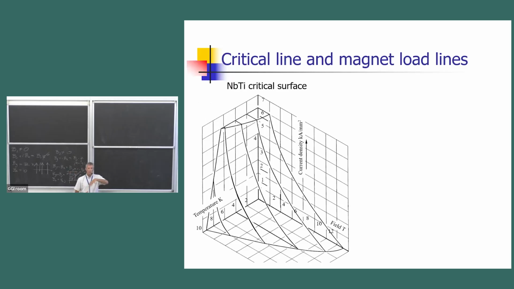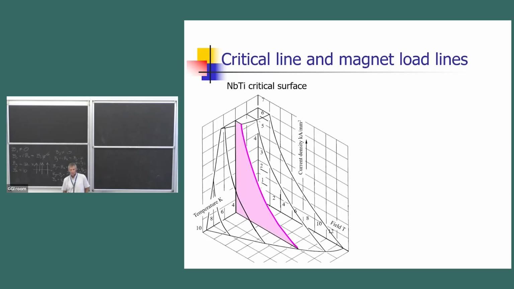And then the critical current is the current that is allowed to flow under conditions of field and temperature. So essentially, it's a surface here, where the vertical axis is the critical current density. One of the two horizontal axes is the field, the other is the temperature. So at any point in temperature and field, if you're below this surface, you're superconducting. If you're above the surface, you're normal conducting. So that defines the operating space of a superconductor.